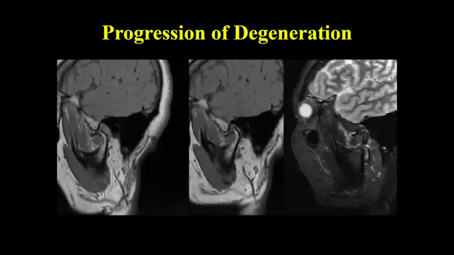And when we look at our dynamic images, again, very little motion in terms of translation, and you can see that the disc is really relatively fixed in position. So this is what a stuck disc looks like.